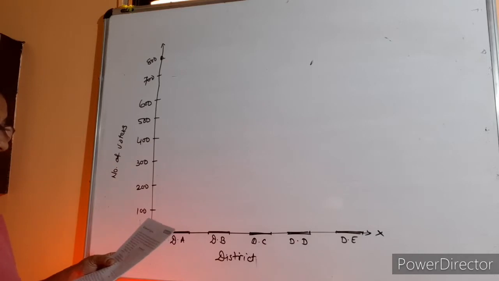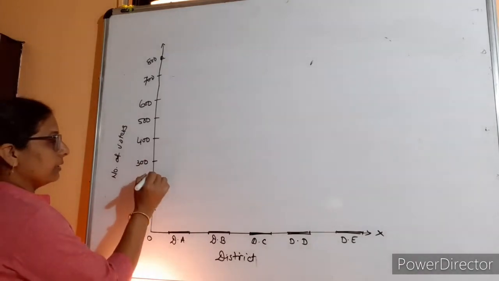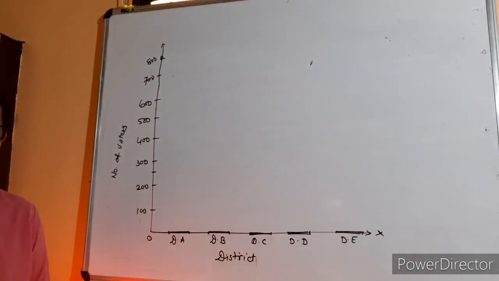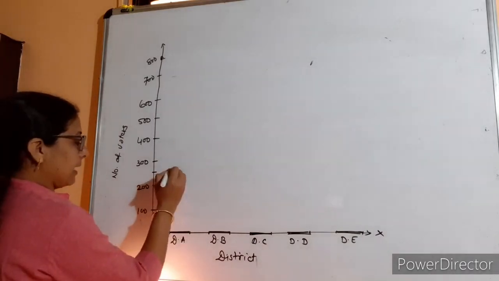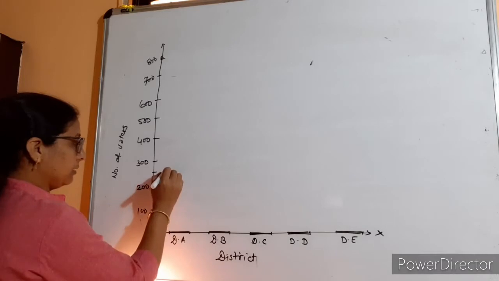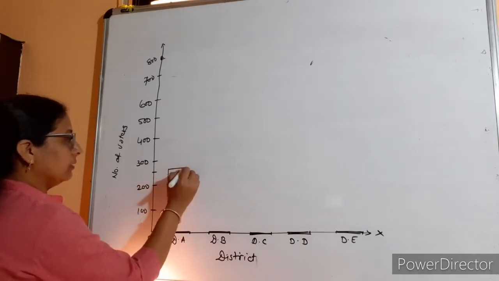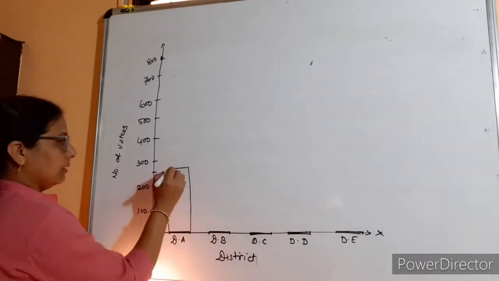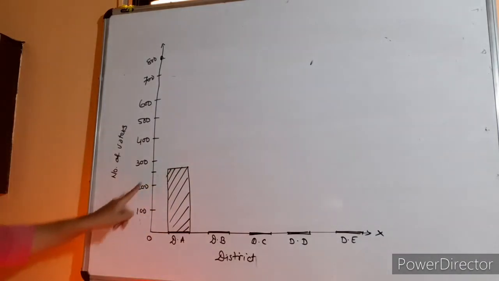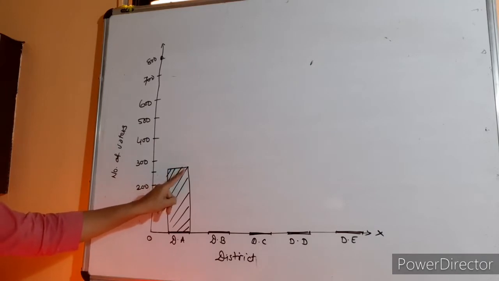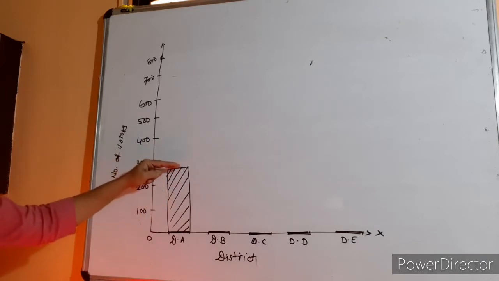Now for district A, the number of voters are between 200 and 300. This midpoint is 250. And above 250, that is 275. So I just draw here a bar like this. This is the vote cast by 275 or 28, that is 260 or something approximately in district A. Voters are there.